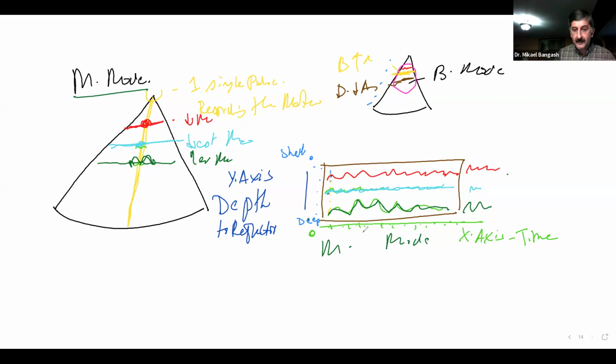The x-axis represents time. But what is it that we see here? Mainly just the motion of these three structures here, in this area.